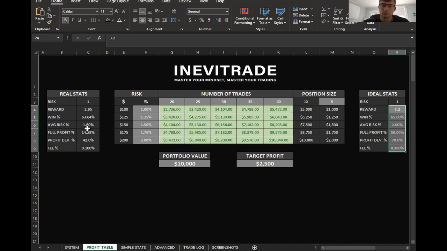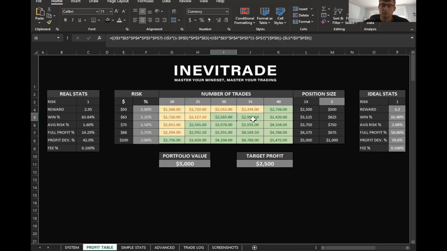So these are your real stats. These are your ideal stats, the ones that you want to be. Over here, you put in your portfolio value. Maybe you're trading $10,000. Maybe you're trading $5,000, and your target profit is to take that $5,000 and make $2,500 with it. Well, with these stats, we're seeing some green cells here that say you could hit that profit target with these stats if you risk this amount of money per trade and take these many trades.